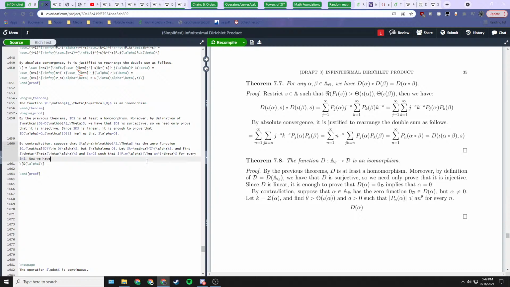Okay, so now we have D of alpha, which will be iota of alpha, comma s.